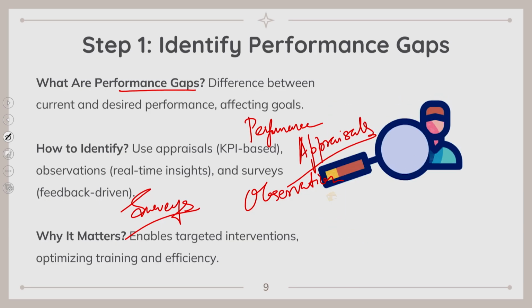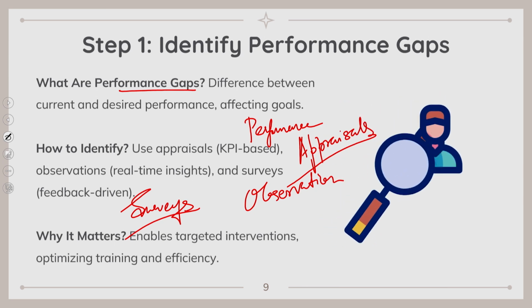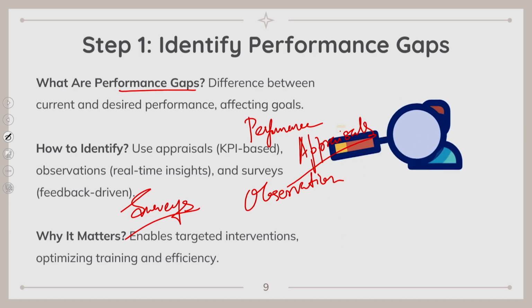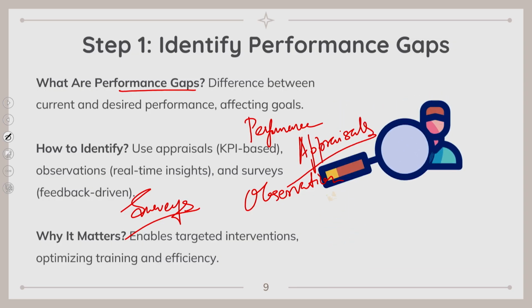Let us take an example to understand this. In the retail scenario mentioned earlier, surveys reveal that employees feel unprepared to answer customer queries about new products due to insufficient training. Many a time we would have observed this in our day-to-day life. So, this directly correlates with declining customer satisfaction scores.